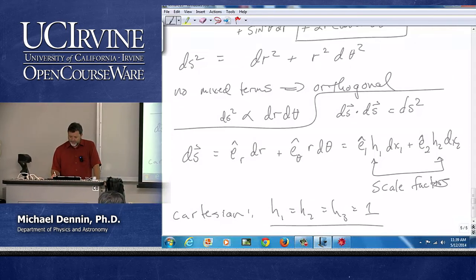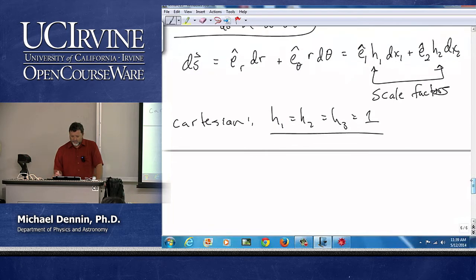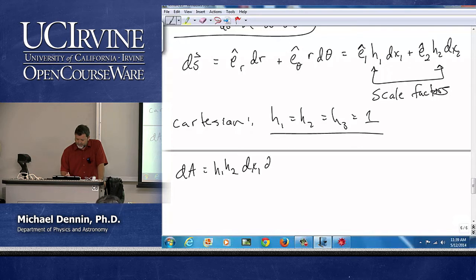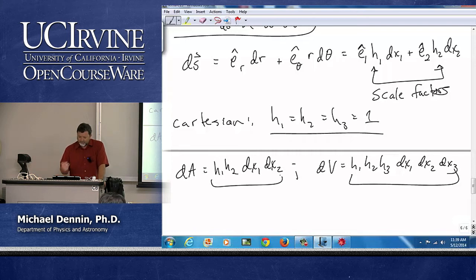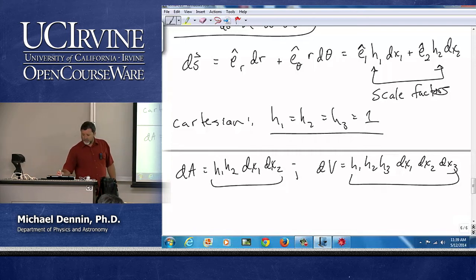And it comes in to our integrals. So dA becomes h1 h2 dx1 dx2. And dV becomes h1 h2 h3 dx1 dx2 dx3. And you can see, obviously, an integral of ds is going to have h's in it.